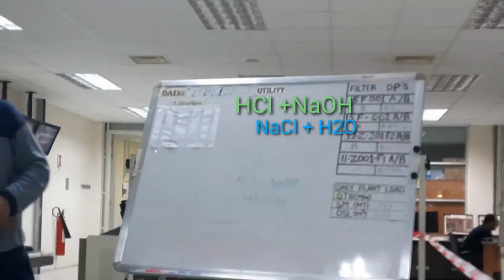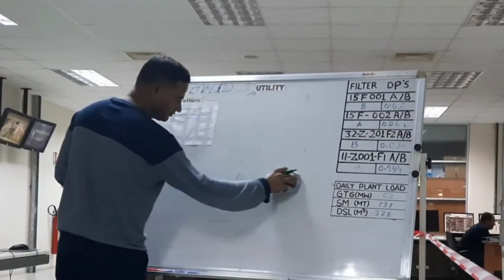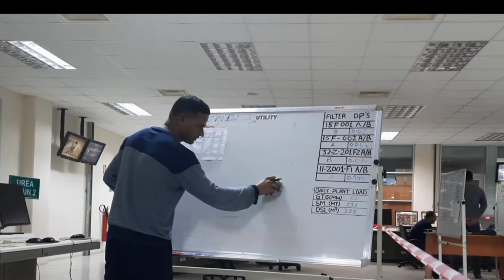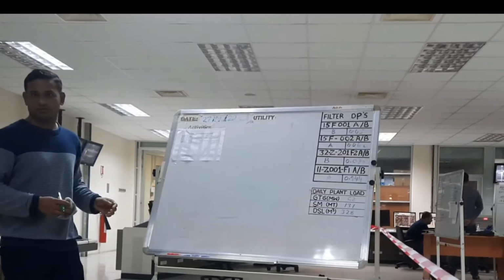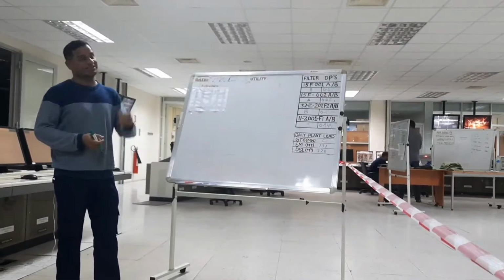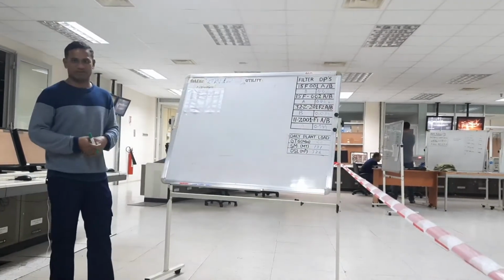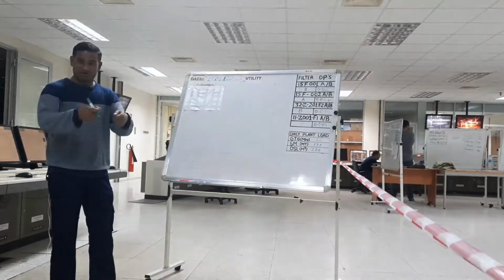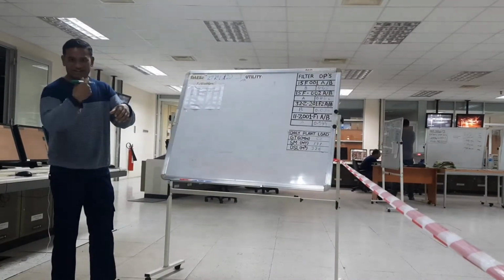Before moving to EDTA, note that before this reaction we have CO2 and H2. H2 is not dangerous. How to remove it? Carbon dioxide and hydrogen are both gaseous, and these gases can be removed by venting and draining.